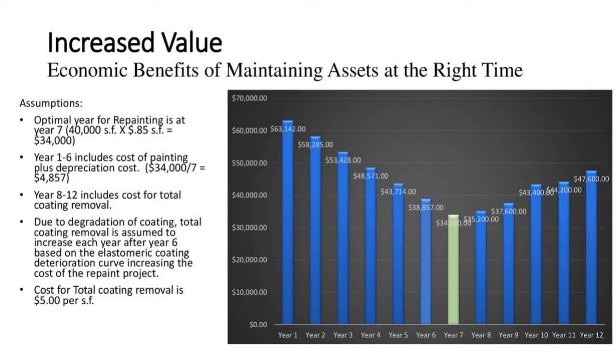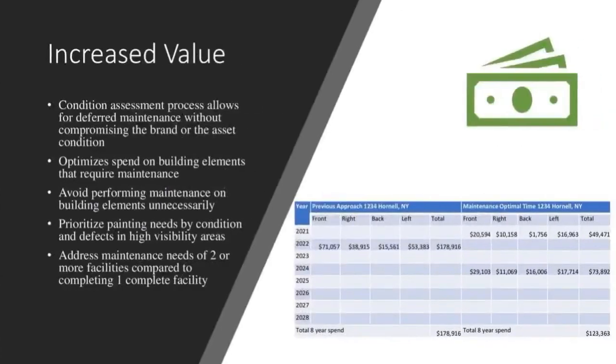So if we defer maintenance, say, to year 10, our cost is $43,000 instead of $34,000. So obviously there is a cost for not maintaining assets at the optimal time. And we see here that there's a cost benefit to doing our maintenance at the optimal time and scheduling our proactive maintenance at the right time.